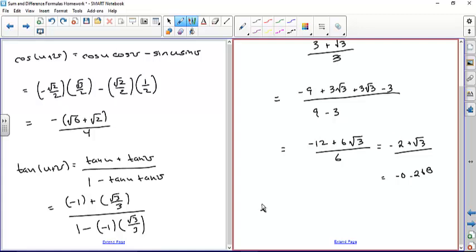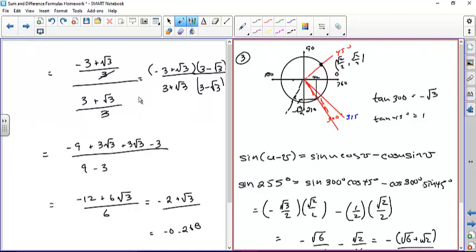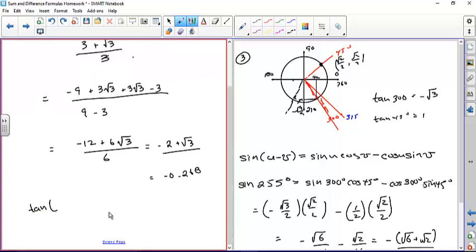And if I just take the tangent of, what have I got here? 11 pi over 12. So I need to change my calculator to radians. And then I do the tangent of 11 times pi divided by 12, close parentheses. I get negative 0.268. So I did it right.